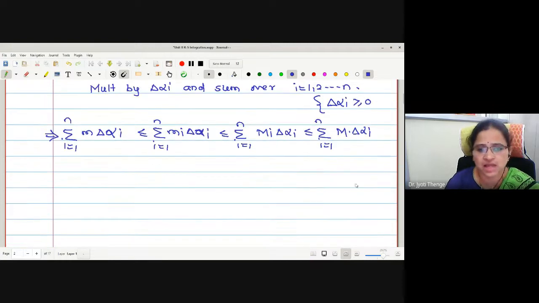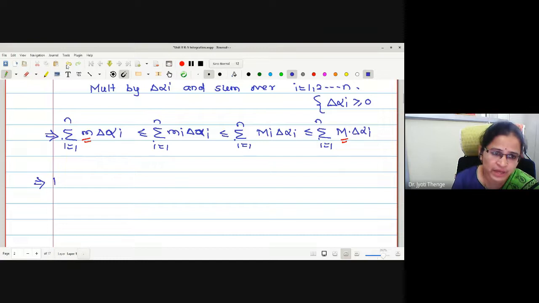Now look at these last terms. Small m and capital M are independent of i. There is no i involved, so we can take the values out of the summation. First, here this is small m into summation delta alpha i. Then write the value of delta alpha i as well. What is delta alpha i?